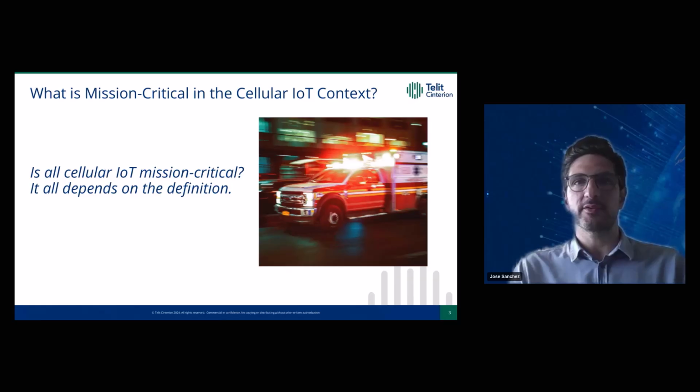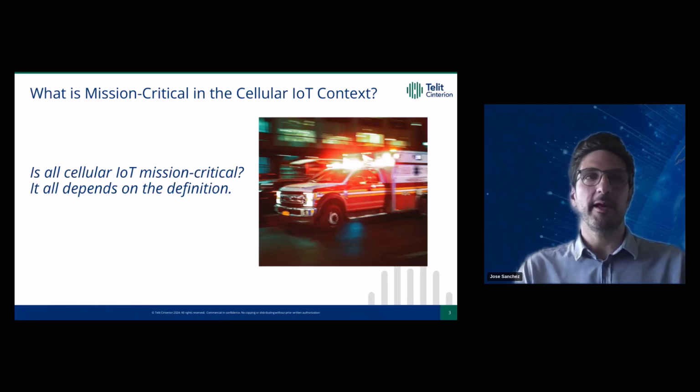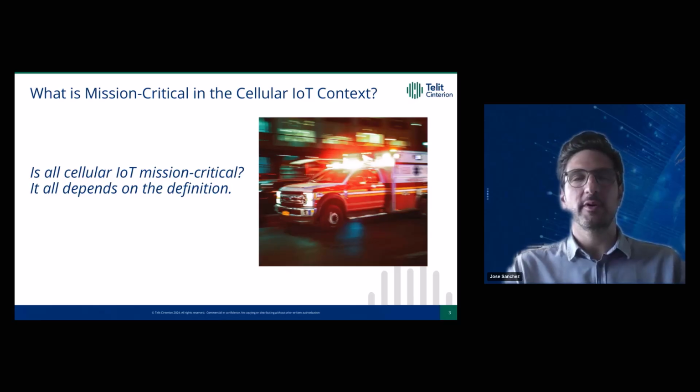Other critical applications can be smart buildings, security systems, even healthcare systems, or even payment systems. So it really all depends on the definition.